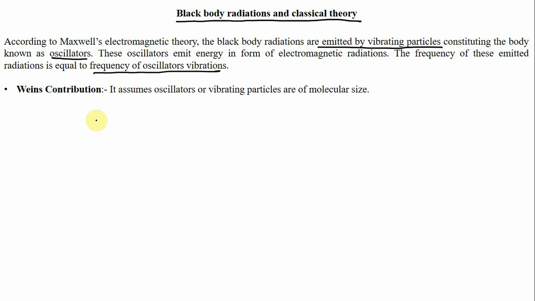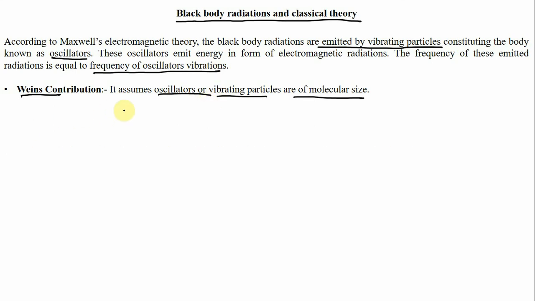So according to this, it gives two laws again. One is given by Wien, called Wien's contribution. Now what Wien considered is that these oscillators or vibrating particles are of molecular size, and based upon this assumption he derived the expression for the energy of these black body radiations.